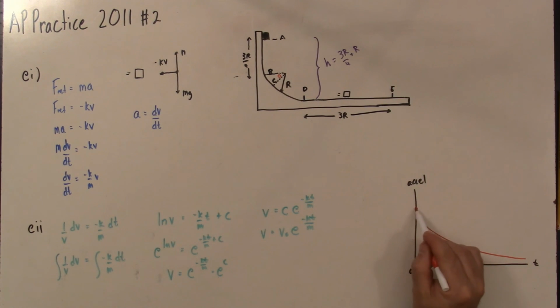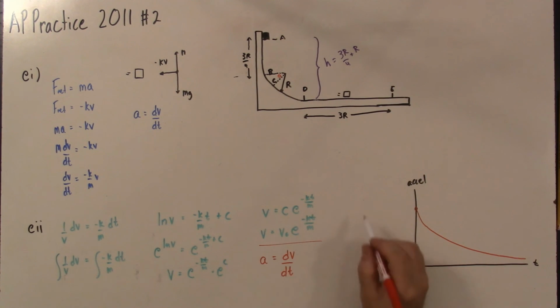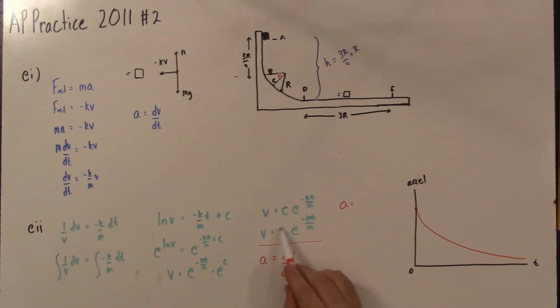And what we want to find is this value right here. Well, what do we know? We know the acceleration is the derivative of the velocity with respect to time. So can I take the derivative of this statement is the question. Again, you'd have to be a calculus student to do this effectively, but this is a constant, and you have to apply the chain rule.